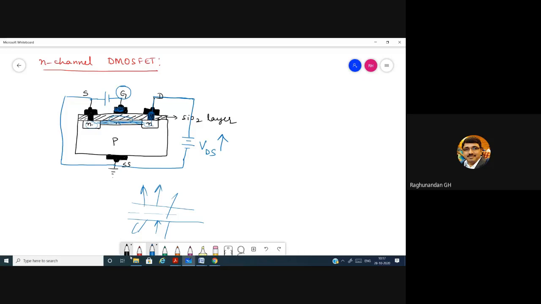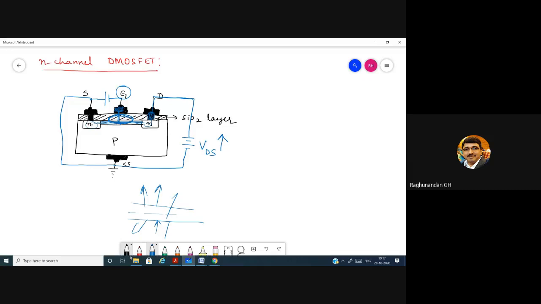The electrons cannot penetrate through this and come to the gate, but because of this voltage, a negative electric field will be created. The electrons cannot penetrate, but they can feel the attraction or repulsion across this particular area.